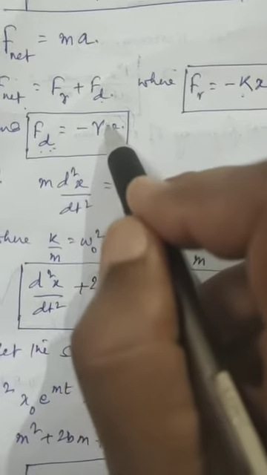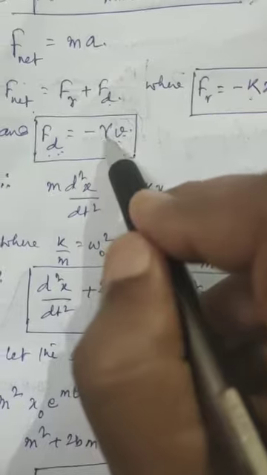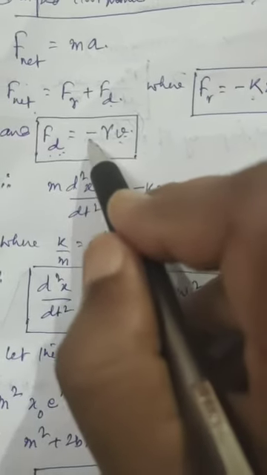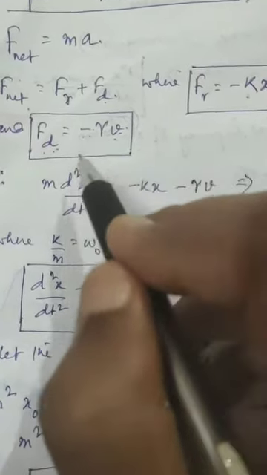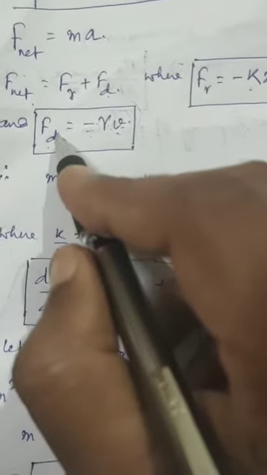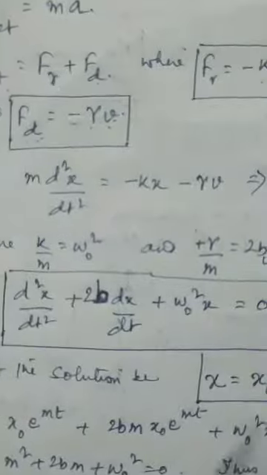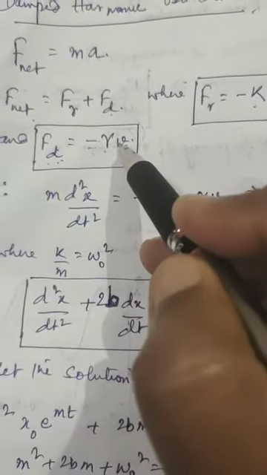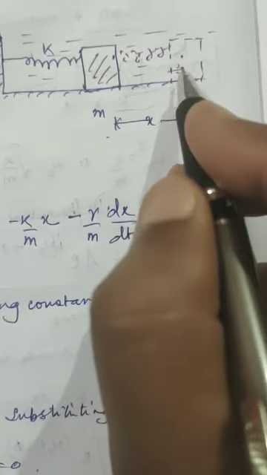Definitely I'll come to this constant. This is called the damping constant, and there is a minus sign. This has a significance. Please students, do not forget to put the minus sign, because the damping force is always in opposite direction to the velocity of the mass. Look at this. If I release it from this position, the velocity will be in this direction.